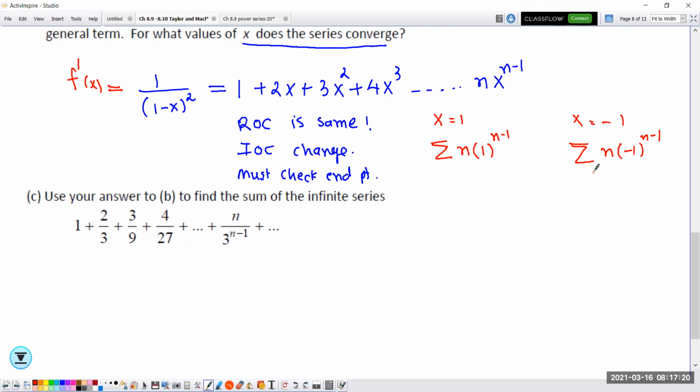It has to be alternating, decreasing, and the limit approaches 0. Is the limit going to be 0? No. It diverges by the nth term test. Both diverge by the nth term test, correct. The last term is not 0. This is not AST because it's not decreasing. So the IOC is still the same.